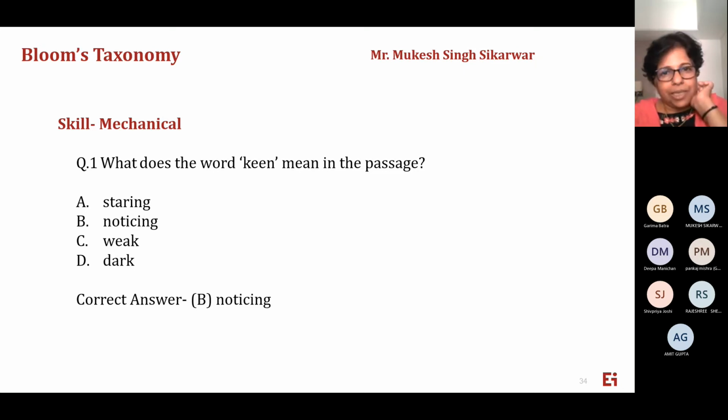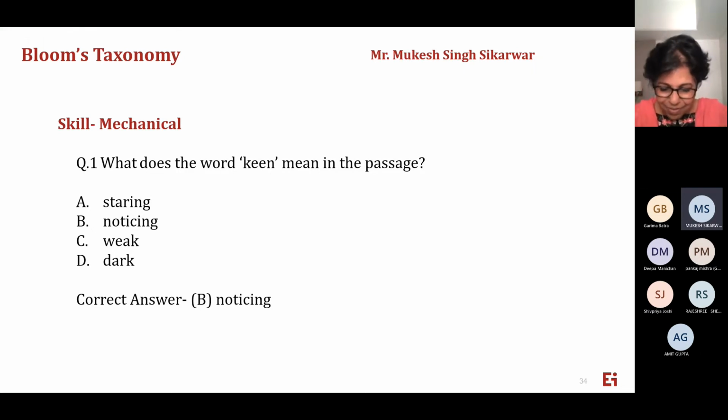Mukesh sir, you are still saying it is mechanical? Like somebody can pick up B without any confusion or misunderstanding? I would still go with the mechanical domain itself, because there is a context.